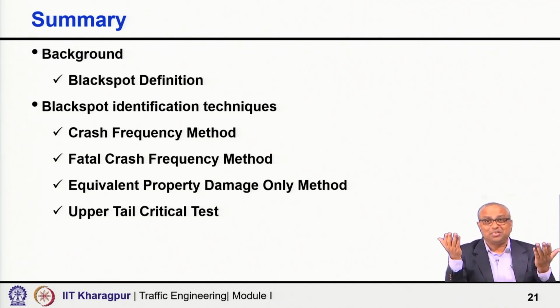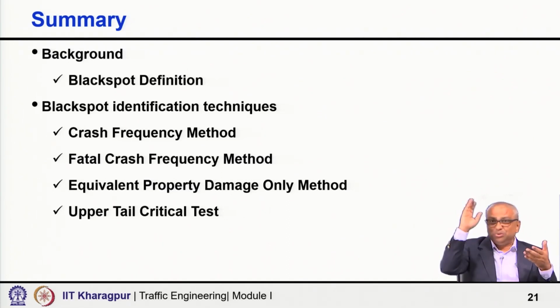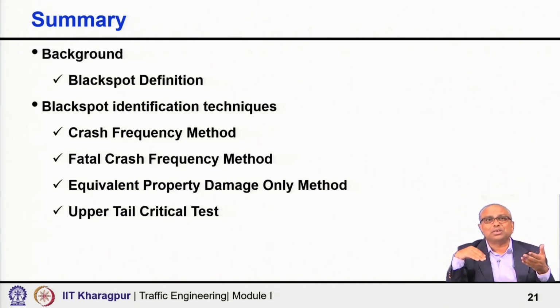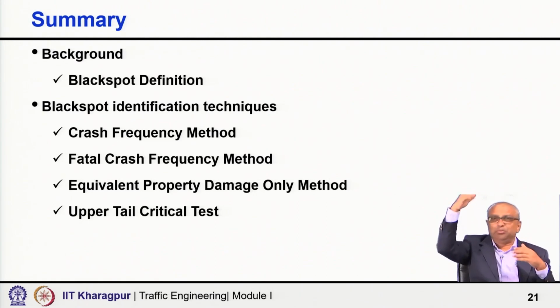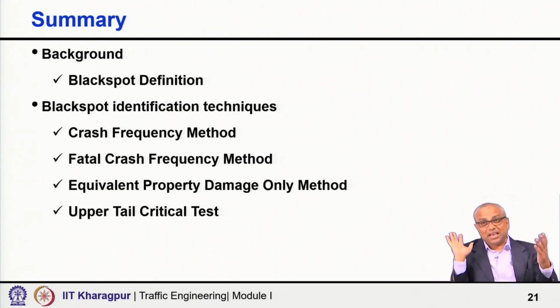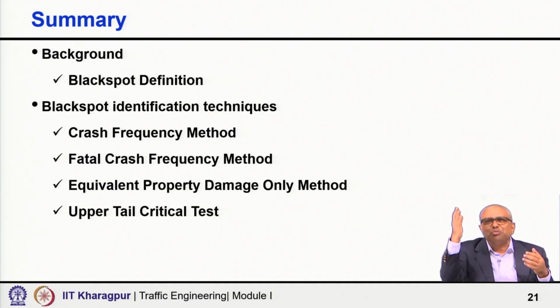But then there are other definitions as well. People use the crash frequency method, the fatal crash frequency method, the equivalent property damage only method, and simply rank the sites. Depending on how many segments you have, 100, 250, they decide the top 5, top 10, top 20 locations, that is also what people do.